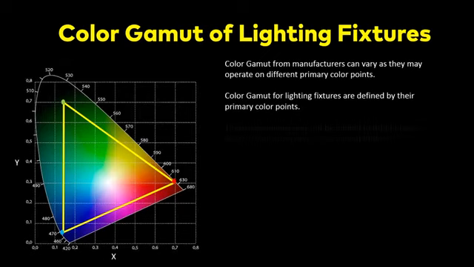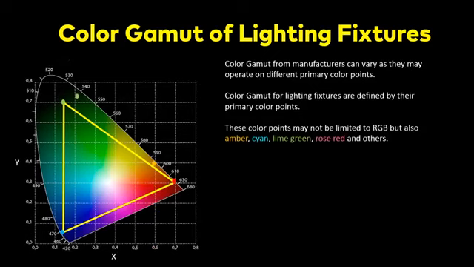Now, if you're going for theatrical colors maybe, and you want to expand your gamut, then you're going to have to introduce a few other colors. So amber is one, cyan, lime green, rose red. And what it does is it helps you open up that gamut.